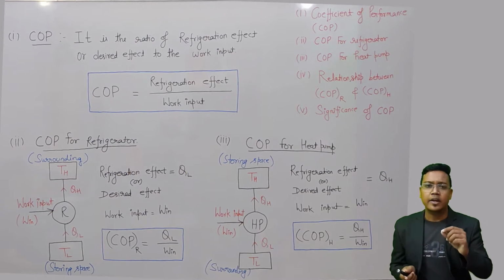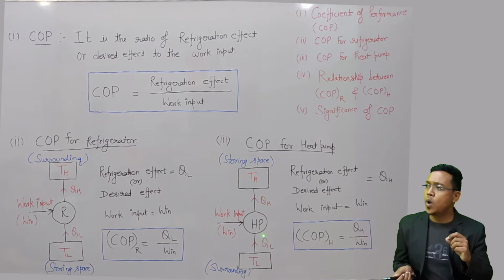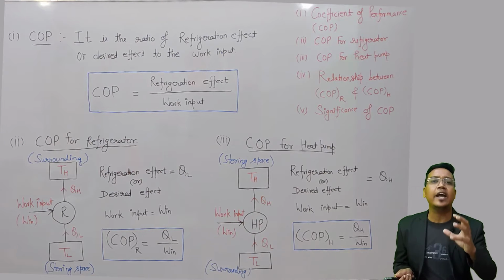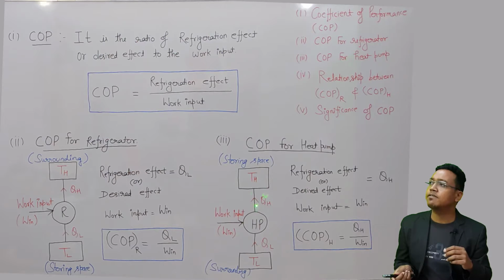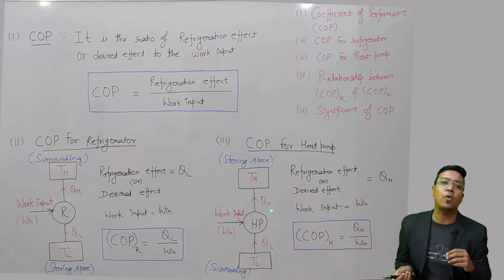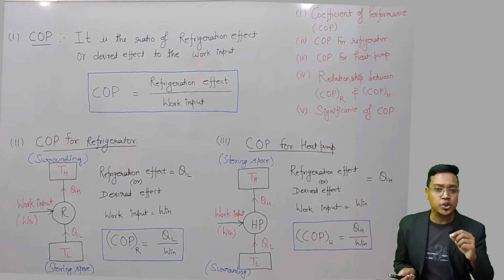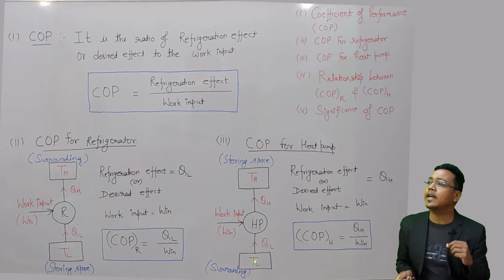In the last video I told that it will take heat, meaning QL. Heat is not at a temperature, it is energy. The heat pump will take energy from the surrounding. Then that energy will be transferred to the storing space in the amount of QH, which is at higher temperature TH. Understood? Because you may be confused: if the surrounding is at lower temperature, how can the heat pump take heat from it?